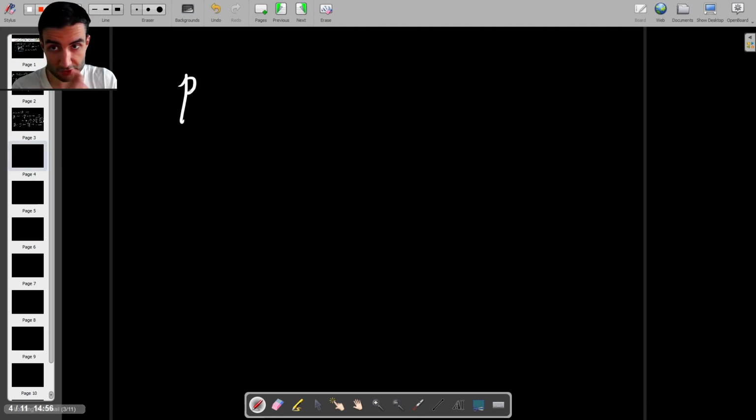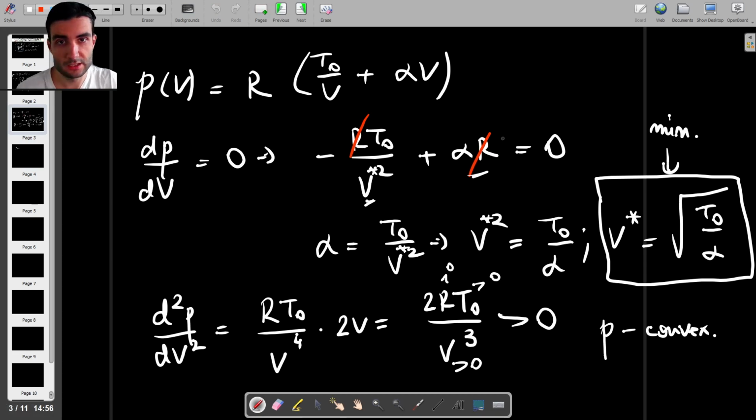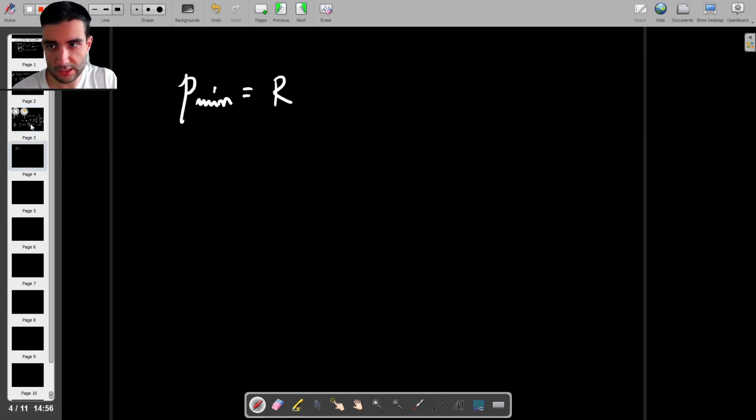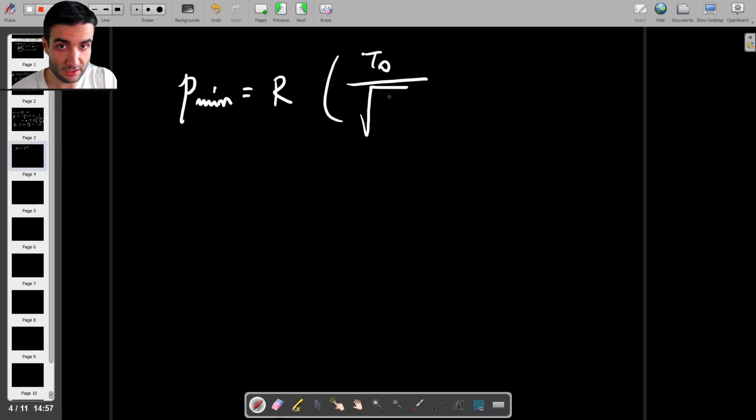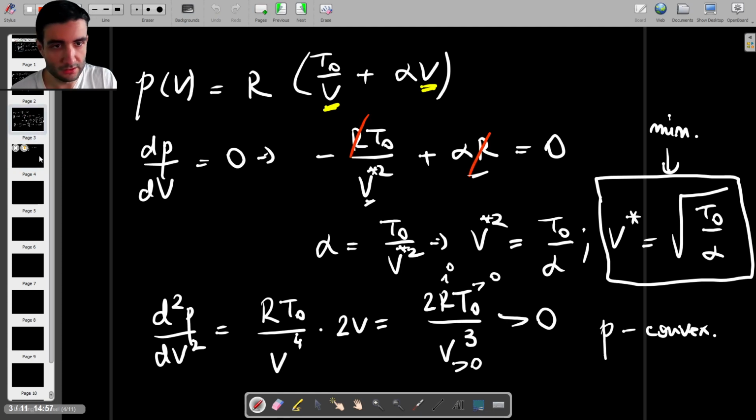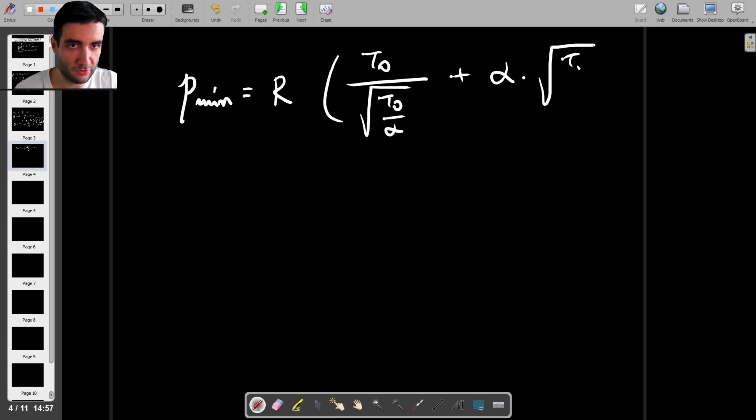To find the minimum pressure, all we have to do is plug in the value of V star in here and here, and that gives us P min. So P min is R times (T0 over the square root of T0 over alpha, plus alpha times V star, which is the square root of T0 over alpha).